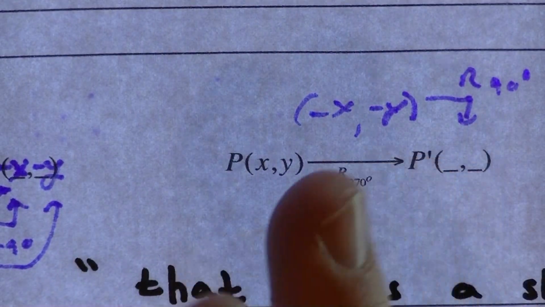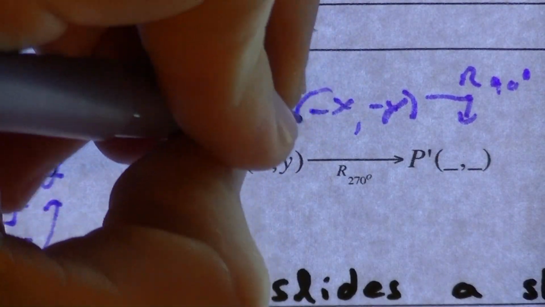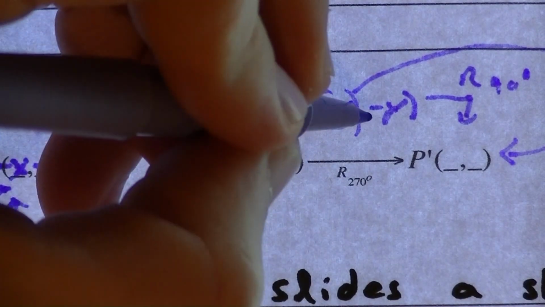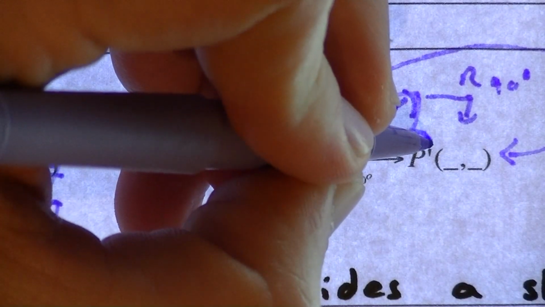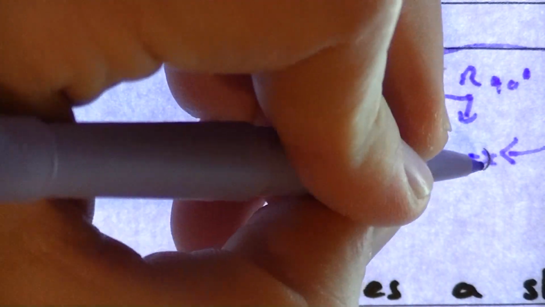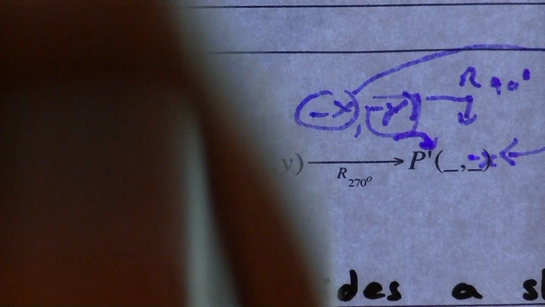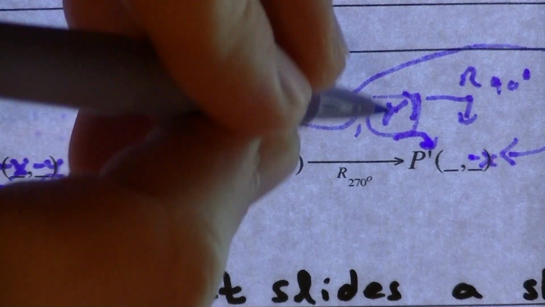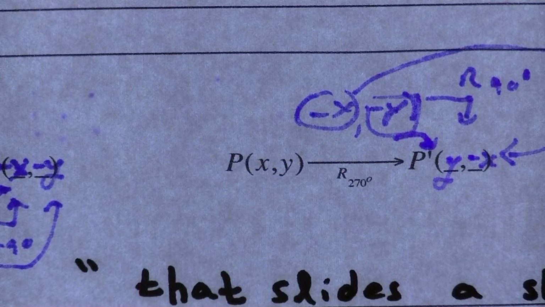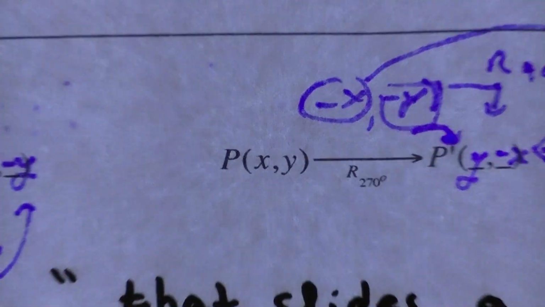This gets brought over there, and this gets brought over here, and I'm going to switch the sign for this one. So my negative x stays as negative x, and this negative y becomes negative negative y, which is the same thing as positive y. And those are all of my rules for my rotations.